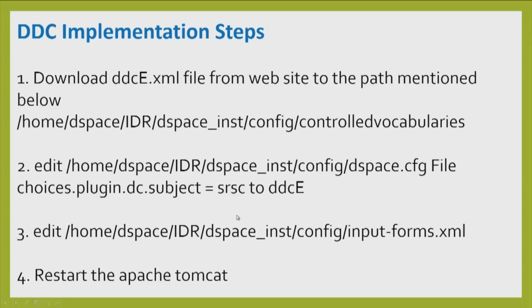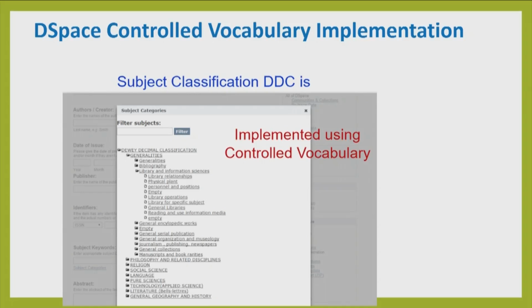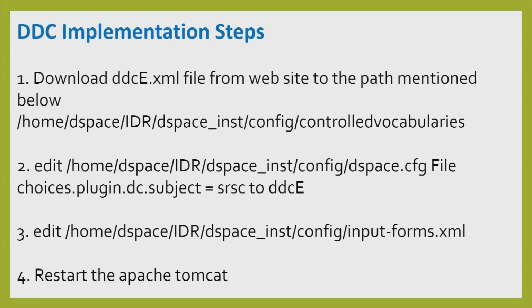Similarly, you can select the DDC controlled vocabulary from here as we have implemented. I will again review the implementation steps. First, you need to download this DDCE.xml. We will be providing the XML file along with the video content, and this will be helpful for anybody to implement this XML file in their DSpace.